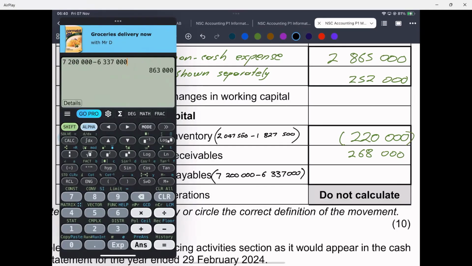And our cash inflow will be 868,000. We can now calculate our movements by adding this with 268,000, subtract 220,000. It'll give us 911,000.